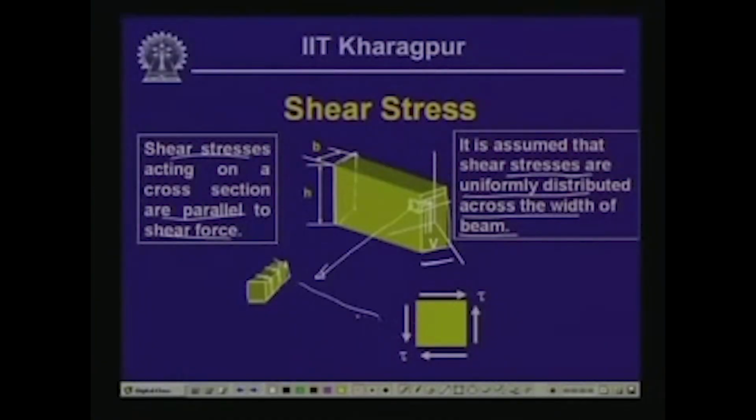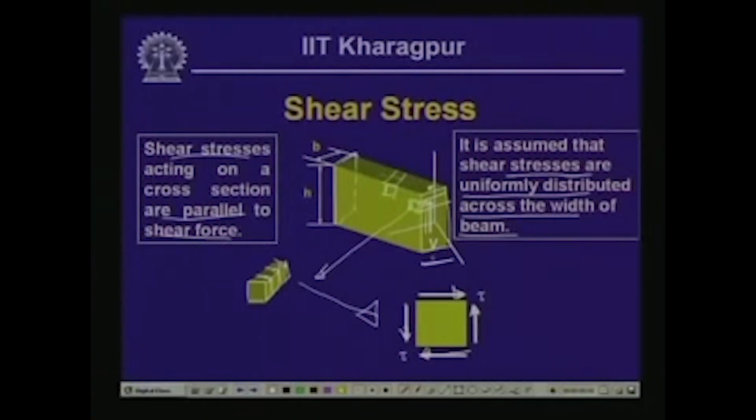Now, if we look into this small element which we have exaggerated, this is the positive shear stress which we have on the vertical face. Consequently, we have the horizontal shearing stress, which is the complementary shear stress. Please note one point over here: if we take this element closer to the top surface, on the top surface there is no other element, hence the shearing stress on the top surface is 0.